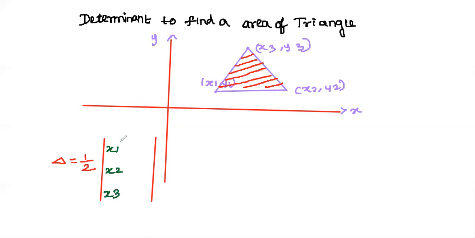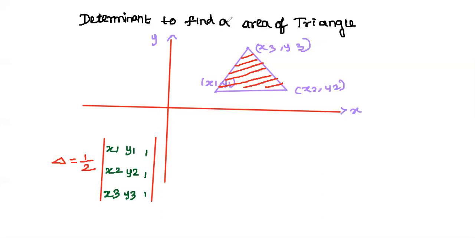You have to write the x coordinates vertically, y1, y2, y3. So this is the second column. X is in the first column, y is in the second column. And then the third column will be only of constants 1, 1, 1. Okay. So with the help of this determinant, we're gonna determine the area of a triangle.